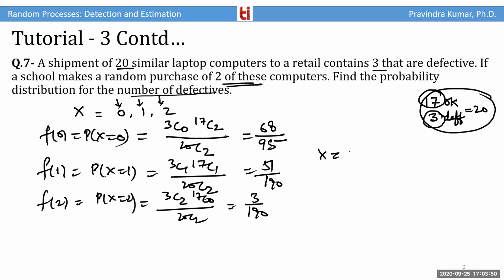So x is here 0, 1, 2, and f(x) is 68/95, 51/190, and 3/190. So this is the probability distribution you wanted to find.